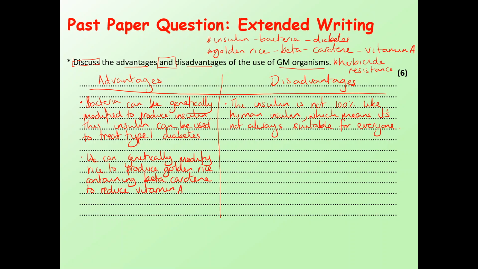This is really important because in poorer countries where they might be vitamin A deficient, it can cause problems with the immune system and vision. So we can genetically modify rice to produce golden rice containing beta carotene to reduce vitamin A deficiency to improve vision and immune system issues.